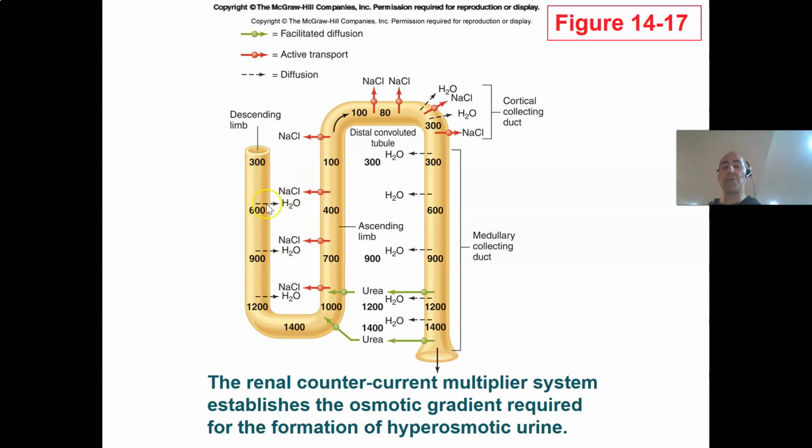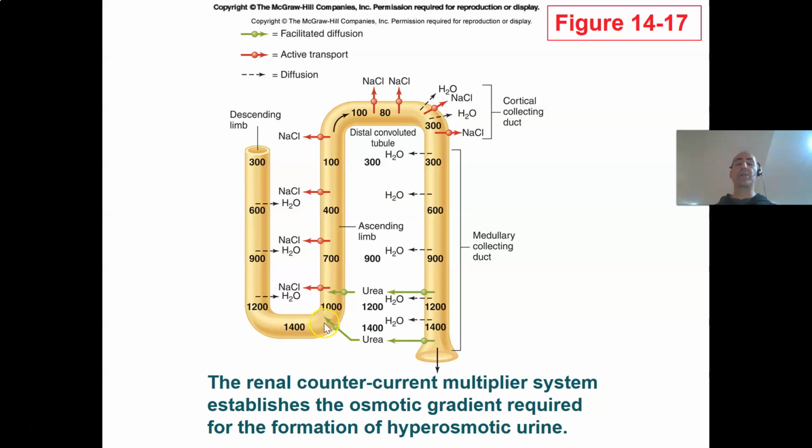As you reabsorb more and more water, the concentration of solutes, therefore the osmolarity of the fluids in the descending limb, increases until it peaks at about 1400 milliosmoles per liter, which is almost 5 times what the rest of the body sees.